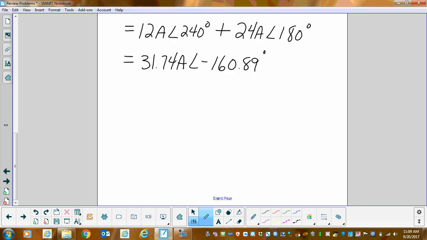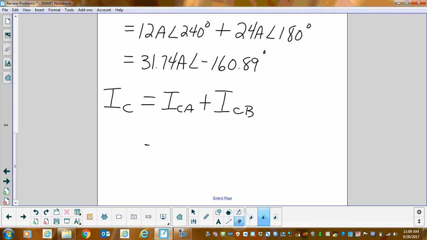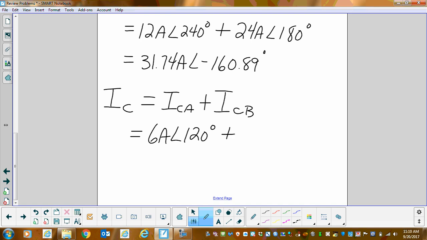All right, let's look at I of C. So our amp clamp, when we put it on I of C, what would we expect to find? Well, it's going to be the vector sum of I of CA plus I of CB. And the values associated with that should be 6 amps at an angle of 120 degrees plus 12 amps at 60 degrees.